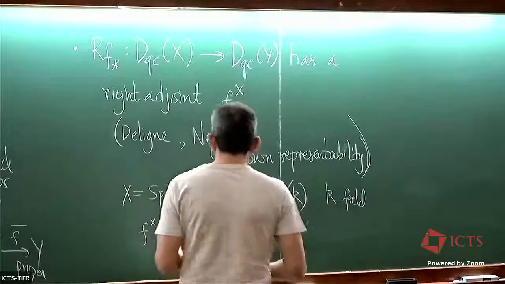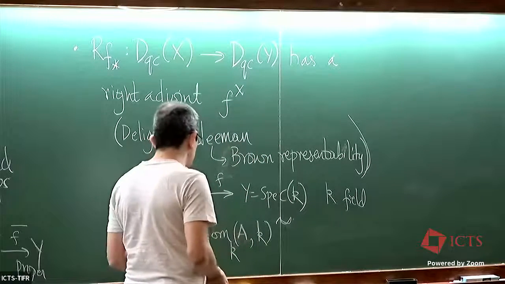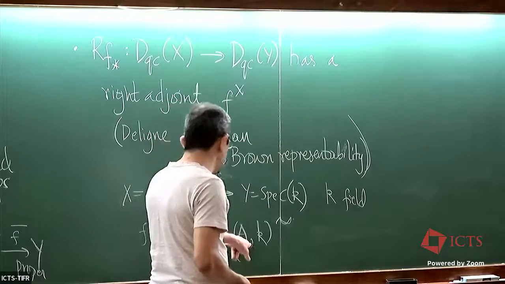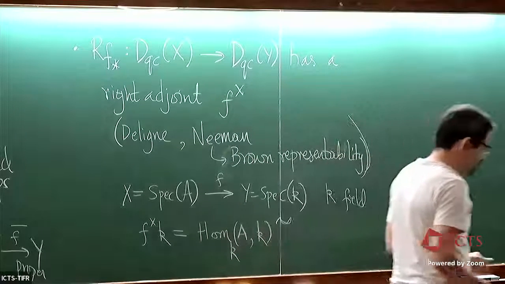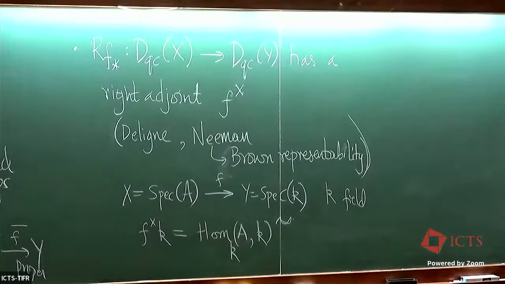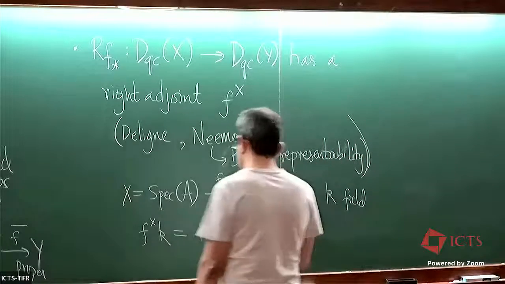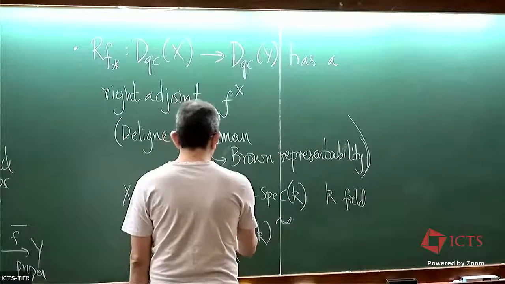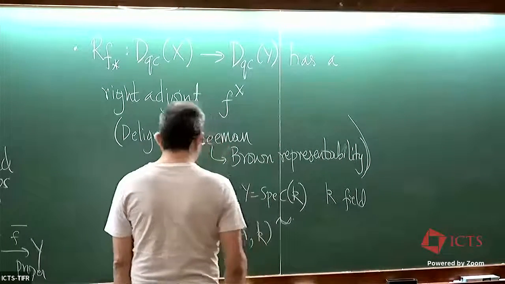You can see that this is not going to behave so well when you localize, because if you replace A by an open set, you get something slightly different. This is of course an injective module, a big injective A-module.